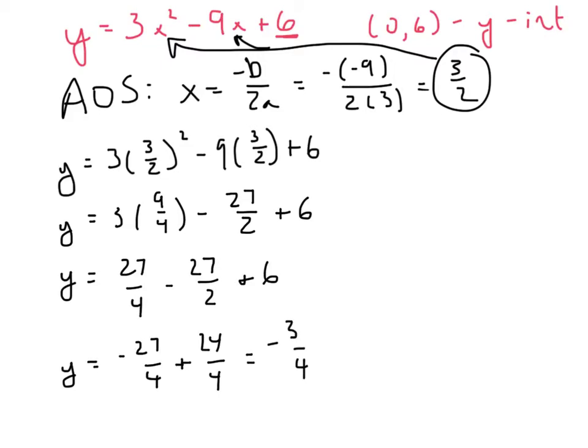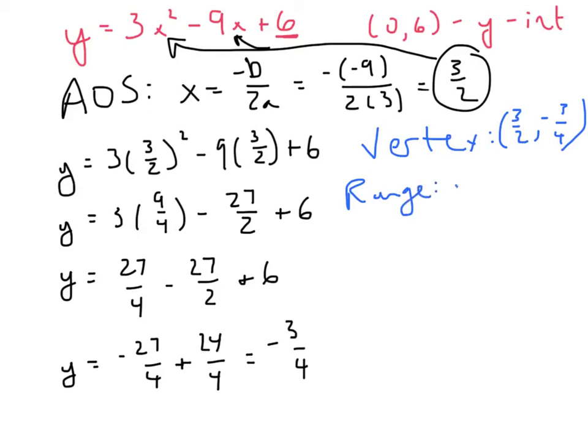Okay, so my vertex then will be 3/2, negative 3/4. And now it will be easy to say that since this opens up, my range is y is greater than or equal to negative 3/4.